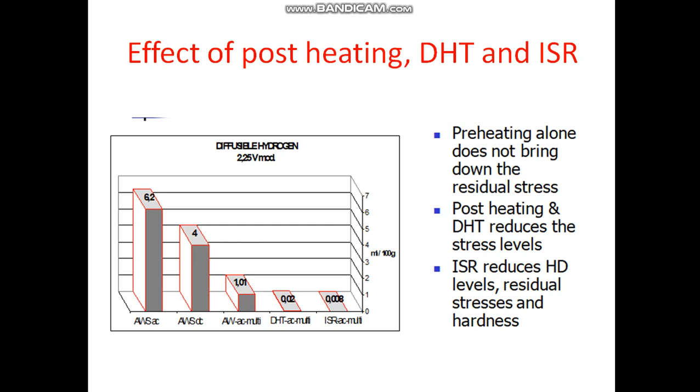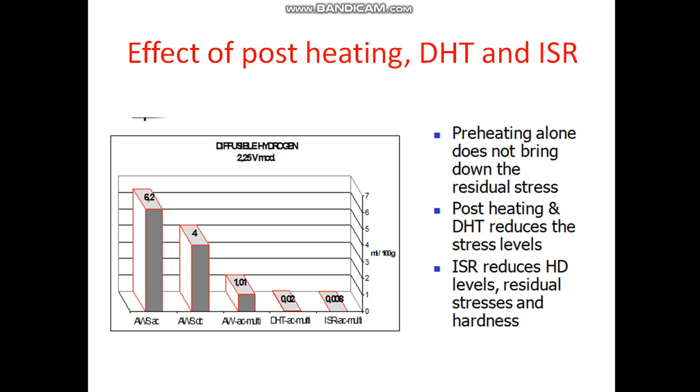So post-heating and dehydrogenation treatment reduce the stress levels, and intermediate stress leveling reduces the dissolved hydrogen levels, residual stresses and hardness. So three heat treatment processes, post-heating, dehydrogenation treatment and intermediate stress leveling, are very much necessary for chrome moly steel.